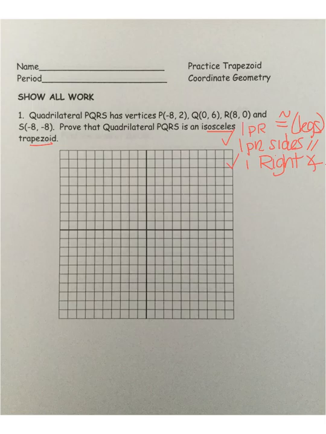So let's go ahead and graph this. P is negative 8, 2. Q is 0, 6. R is 8, 0.